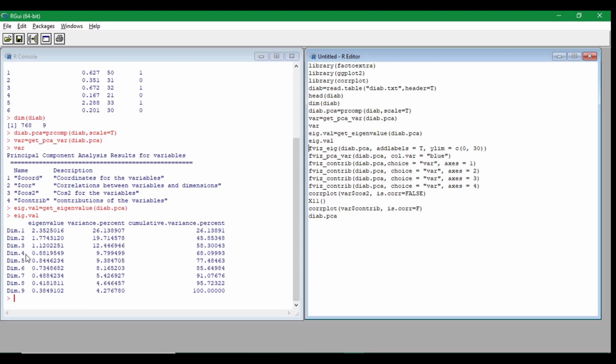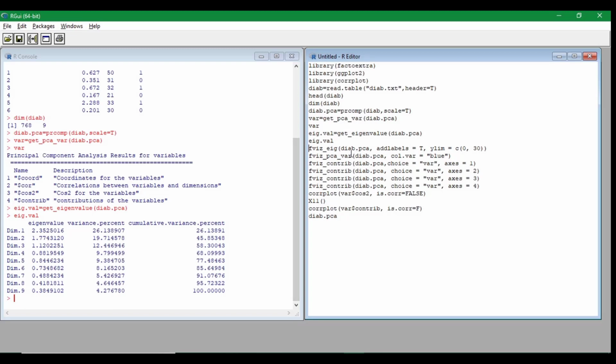Now up to dimension 4, or let's just say up to dimension 5, the cumulative variance percent is 77, indicating that the first 5 principal components account for 77.5% of the total variation within the data.